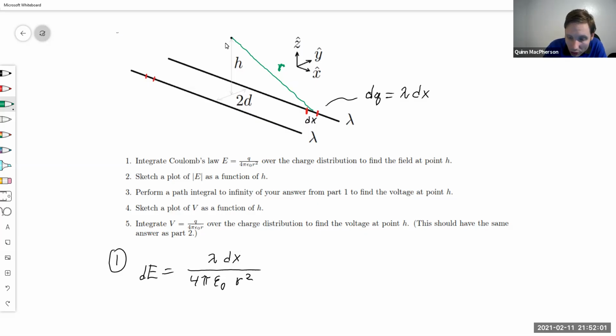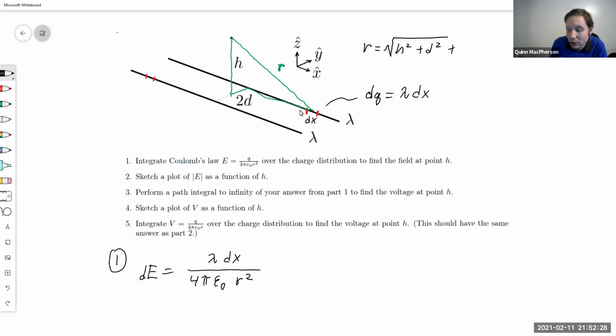Well, we can use the three-dimensional Pythagorean theorem. If you go in the z direction, then in the y direction, and then in the x direction, you can see there are three parts there. You add them all together and you get r equal to the square root of h squared plus d squared plus x squared, where x is this distance here.